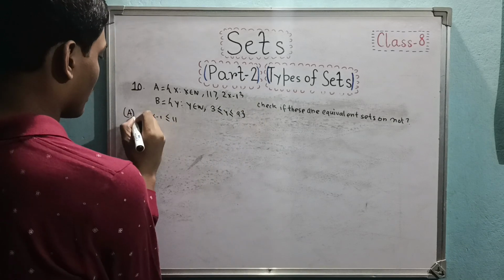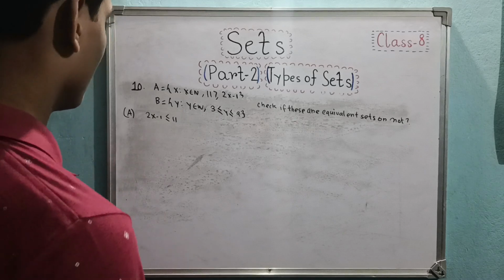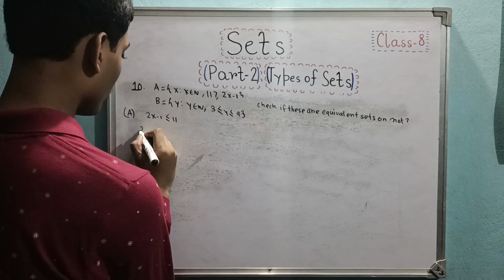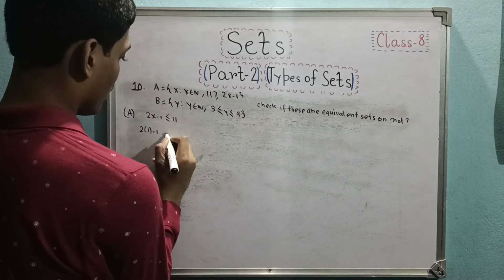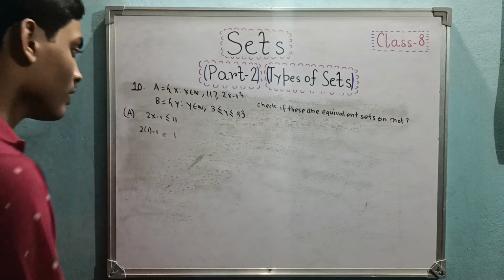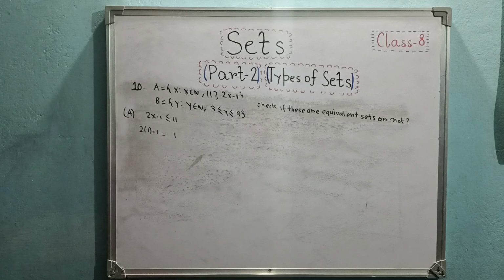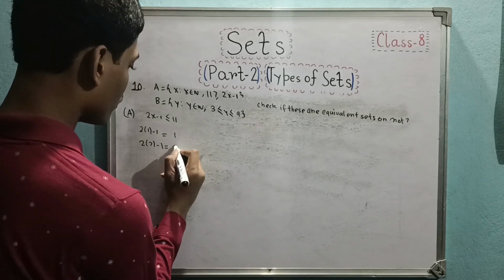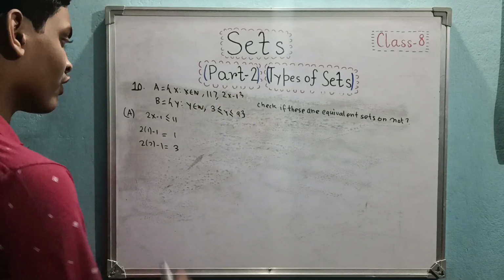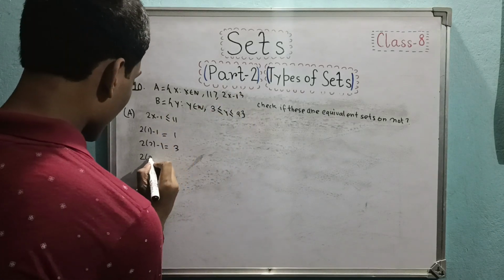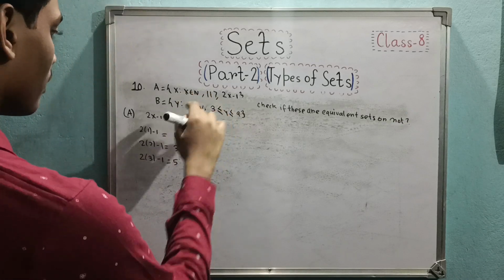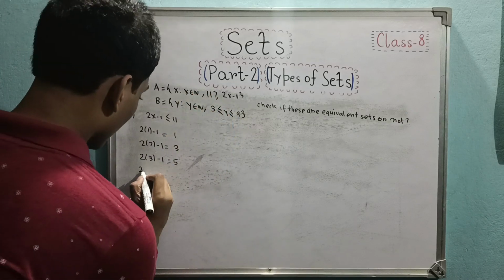The first natural number is 1. So 2 into 1 minus 1 is equal to 1. 1 is less than 11, it satisfies the inequality. For 2, I have 2 into 2 minus 1 equal to 3. This is also supported. 2 into 3 minus 1 equal to 5. This is also possible, it is less than 11.